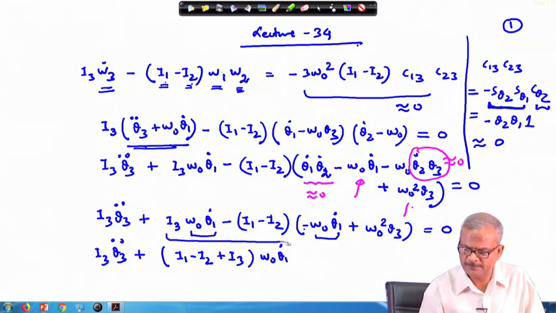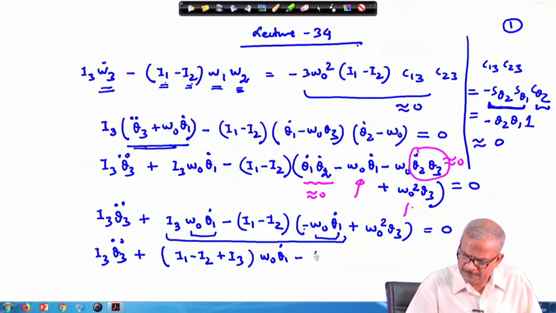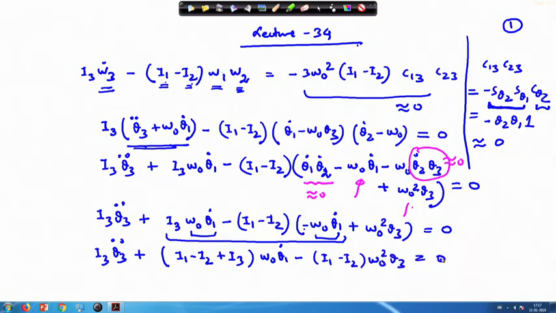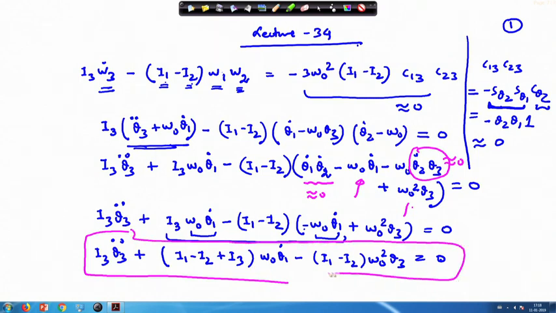This term from here to here, and thereafter we are left with this term. So, that gives you I 1 minus I 2 times omega 0 square theta 3 is equal to 0. So, this is our equation C.